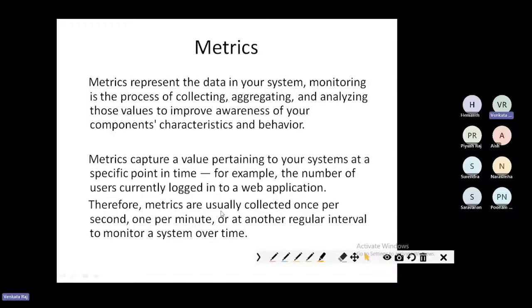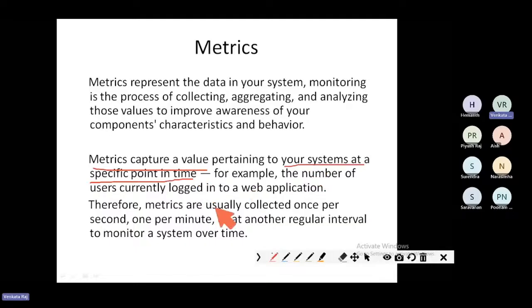Now, the metrics capture a value related to our system. But guys, this is very, very important: at a specific point in time, at that particular point of time, what was the metric? For example, your CPU utilization will vary across different times, or the number of users accessing the application in production will vary from time to time.